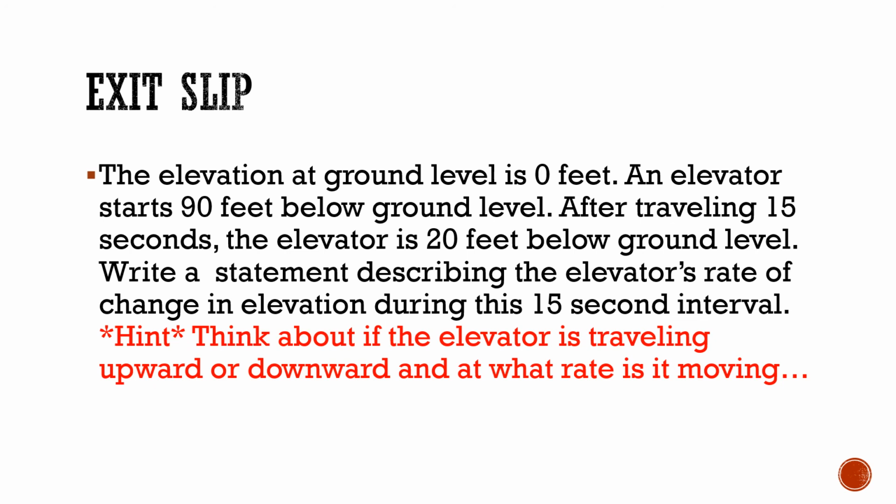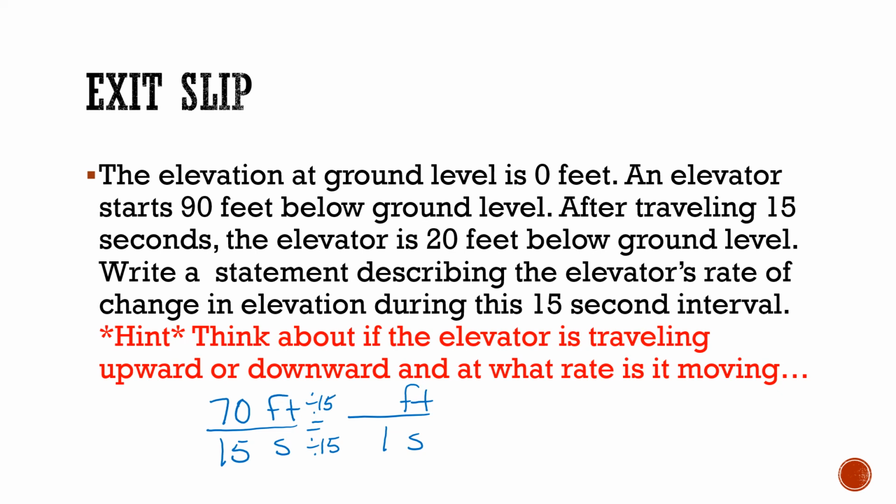Okay, so what has happened here is it went from 90 feet below ground level to 20 feet. So it has come up 70 feet in 15 seconds. So we're figuring out the rate, which means how many feet per second. So 1 second is it changing. So you're welcome to use a calculator for this. So how do you go from 15 down to 1? Well, you do that by dividing by 15. So we're going to do the same to the 70.